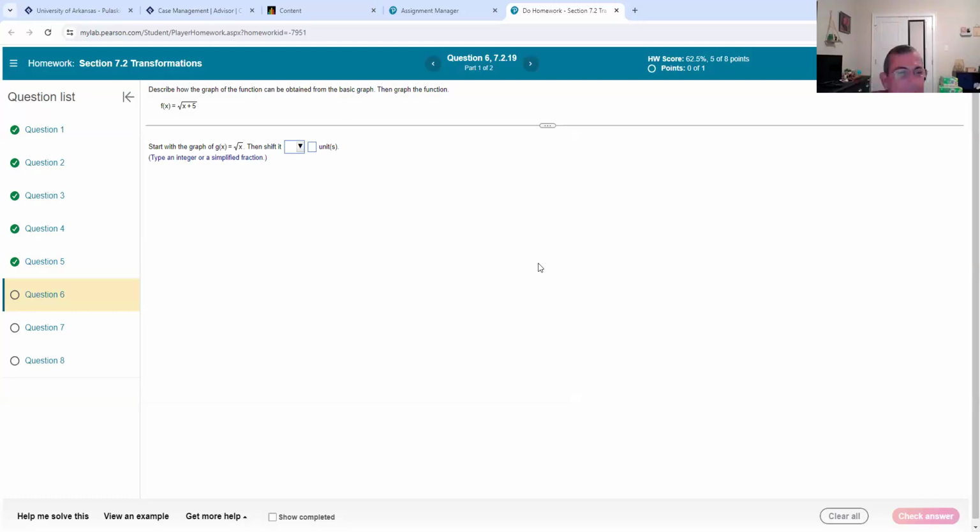So y'all, here's an interesting one. When the number is being added to the x and it's inside of that radical like that, we treat it like it's in parentheses. Okay, so let me show y'all real quick on the radicals.